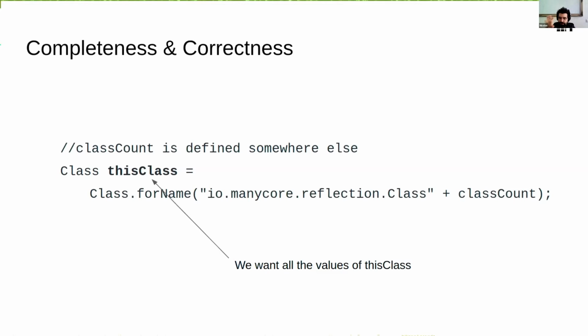You run your app, and each time your app encounters a reflection instruction, it just records it in the configuration files. The problem is you don't know if you have all of the values. You just know you got some of the values, and getting all of the values is difficult, and you're never sure that you got them. So this is what we need to do if we want to resolve a reflection instruction.